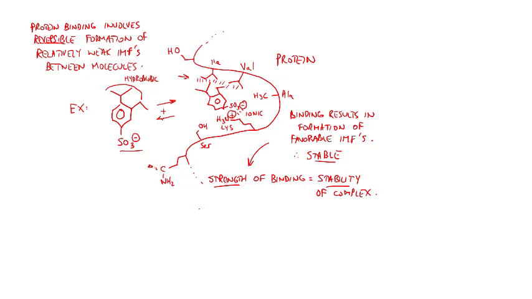So what do you think would influence the stability of the complex? Well, a more stable complex, all else being equal, is the one that has more favorable intermolecular forces.